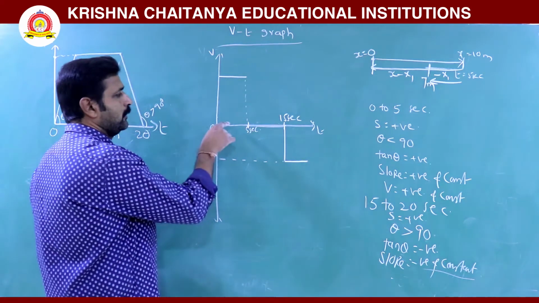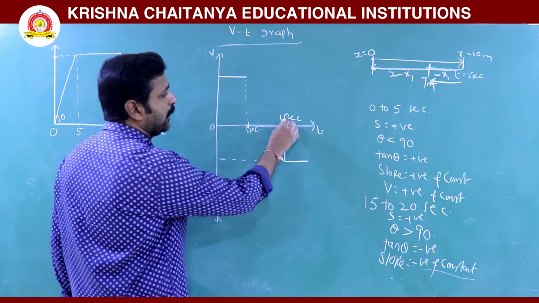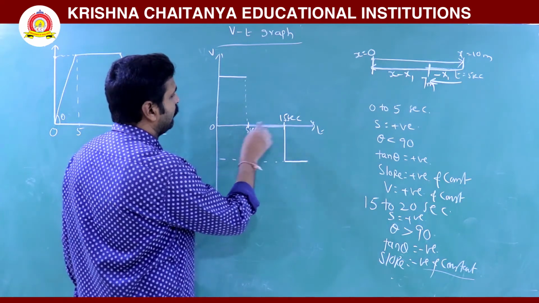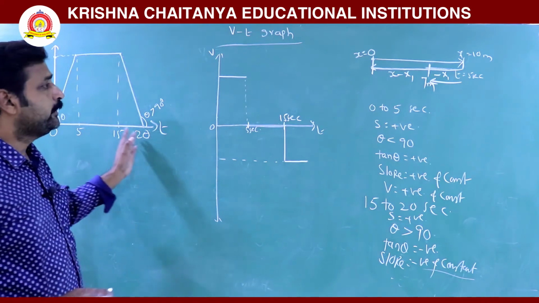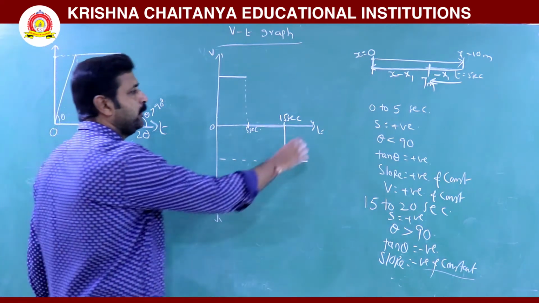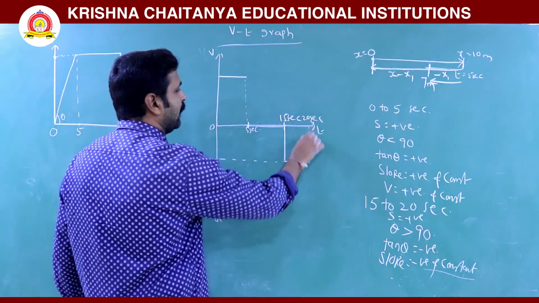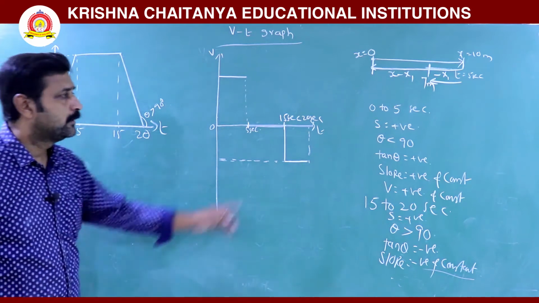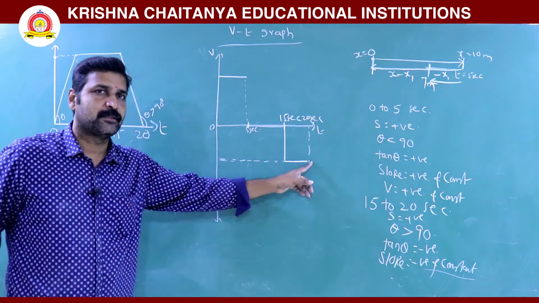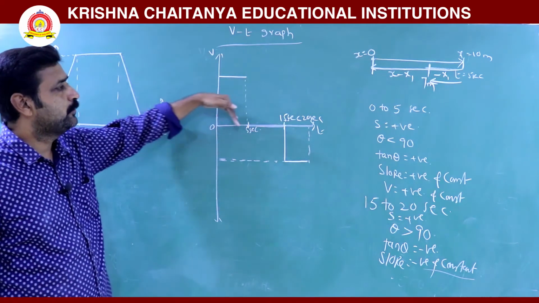So from 5 to 15 it is at rest. Now 15 to 20, up to 20 seconds, velocity is constant. Velocity is constant from 0 to 5 seconds.